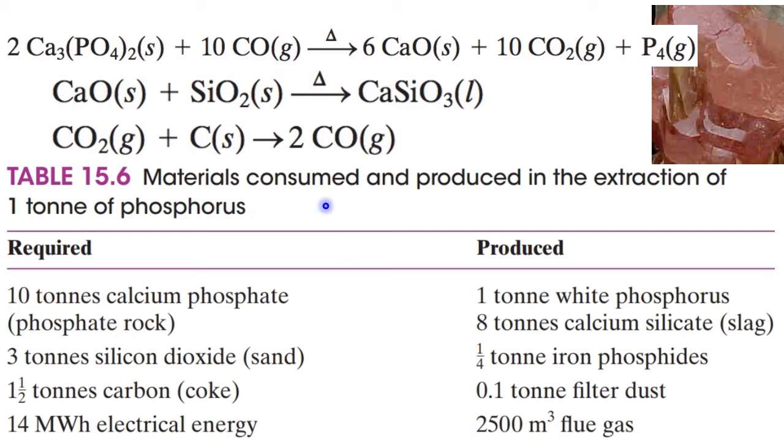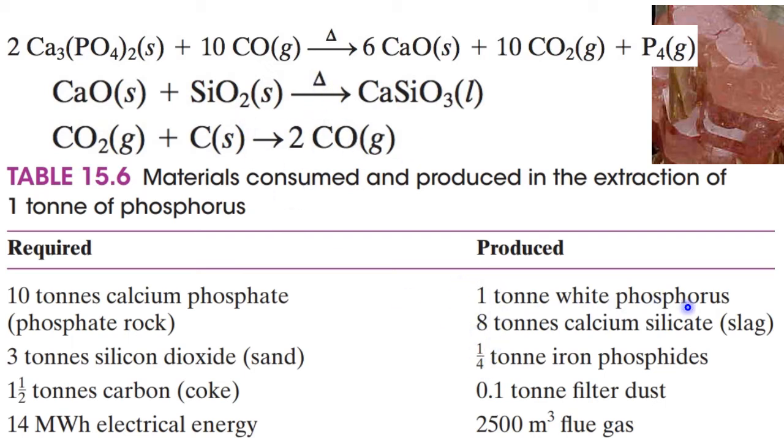Now it's a very complicated process. As a result, you're taking a large amount of calcium phosphate, actually that's rock, lots of sand, lots of coke, and lots of electrical energy to heat all this.